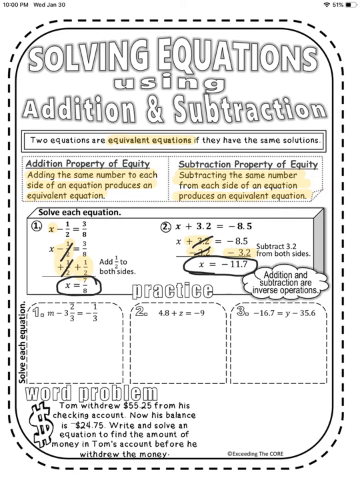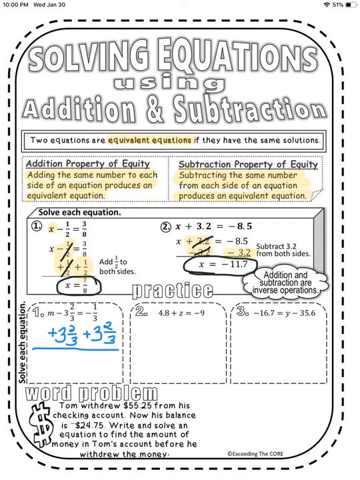Now let's look at the first practice problem. The equation is m minus 3 2/3 is equal to negative 1/3. So they are subtracting 3 2/3 from m. So we're going to do the opposite. We're going to add 3 2/3.